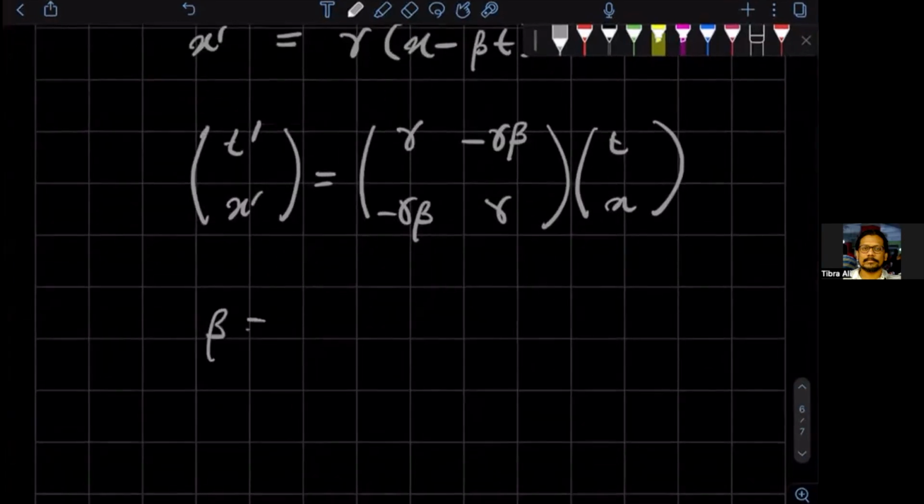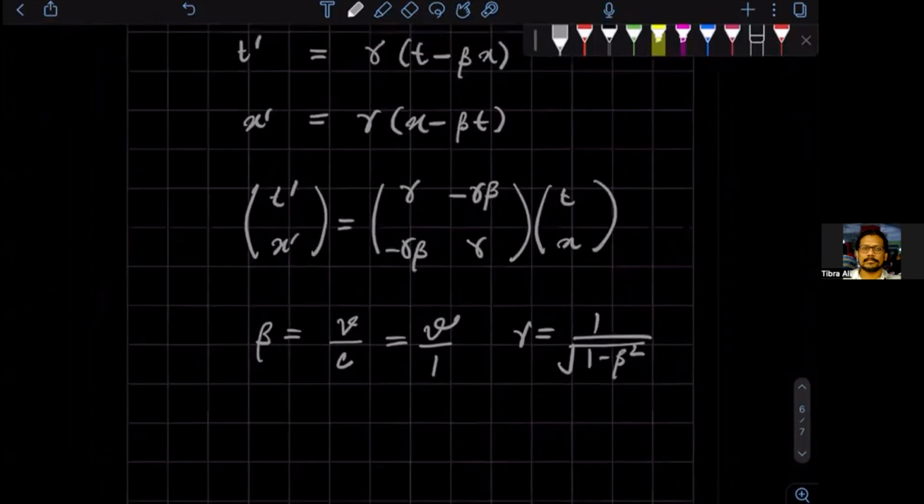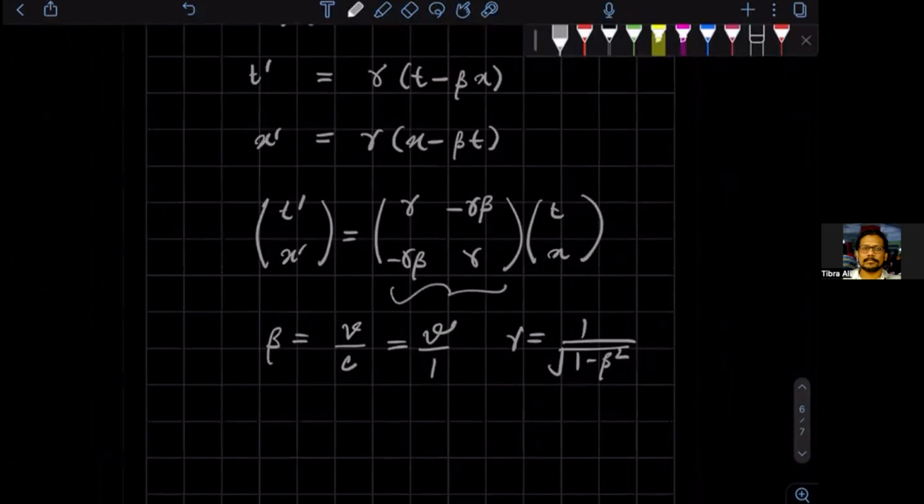Beta, as I said before, is the speed of the reference frame divided by c, but we are going to measure speed with respect to the speed of light, so we can set c to be 1. And gamma, on the other hand, is given by 1 over the square root of 1 minus beta squared. Okay. So these matrices form the Lorentz group.